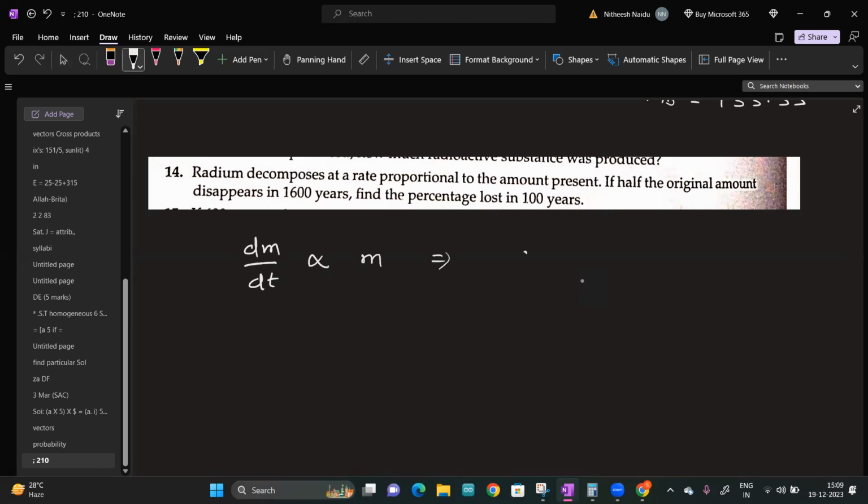It is decomposing, he said. Decomposes means minus k. So dm by dt is equal to minus k into m. Now integrate it. dm by m is equal to minus k into dt.